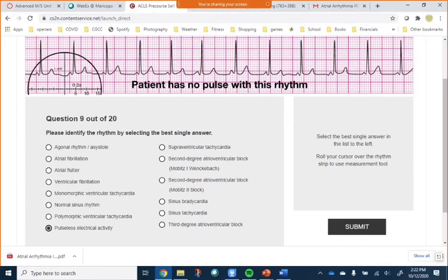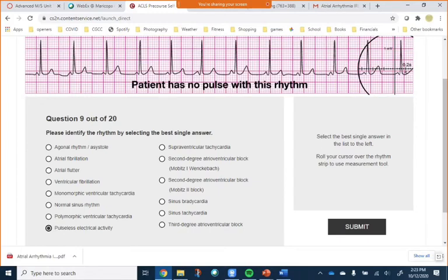So if that is called out on any of your strips, patient has no pulse with this rhythm, you call it pulseless electrical activity, and the treatment for it is code drugs and CPR and actually not defibrillation.